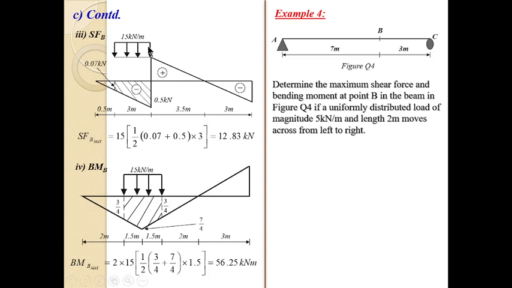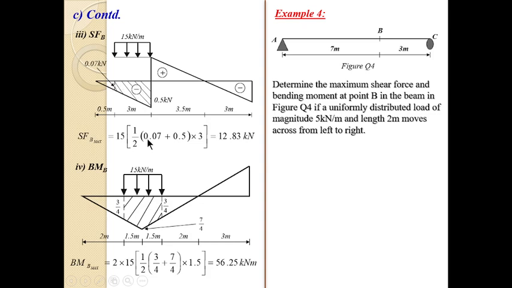So this is a 15 kilonewton per meter load at the distance of 3. If we place it here, look at the shaded area, 3 meters from here. The coordinate here, when calculated, gave us 0.07. Use the concept of similar triangles. And so the shaded area, again, is a trapezium. The two parallel sides are 0.5 and 0.07.